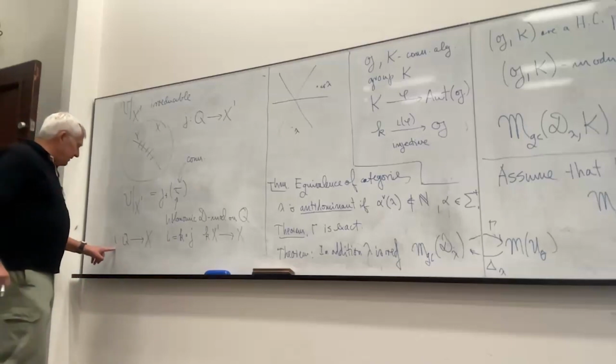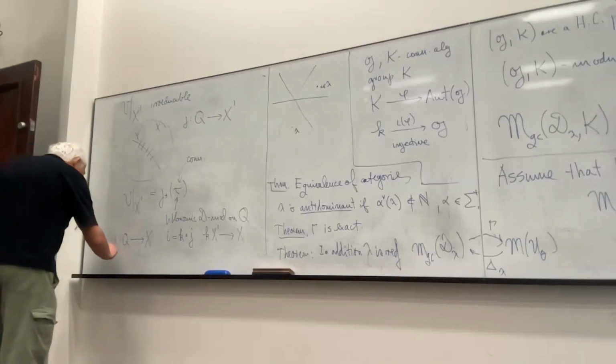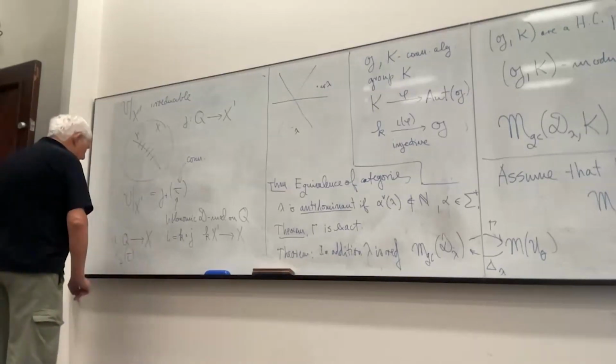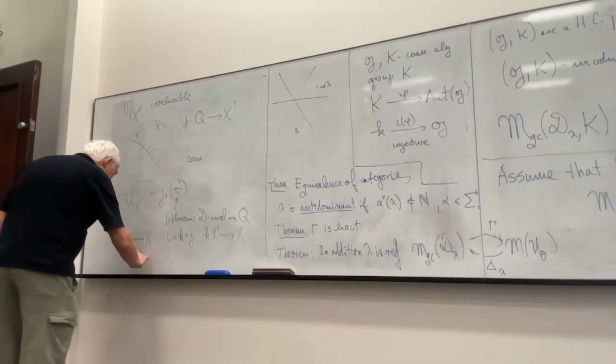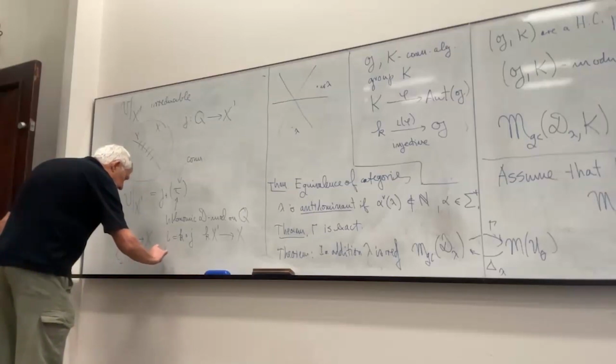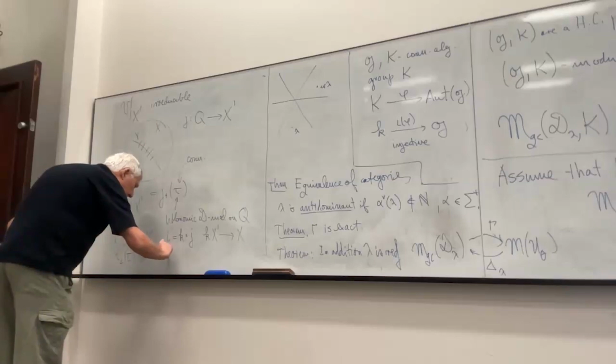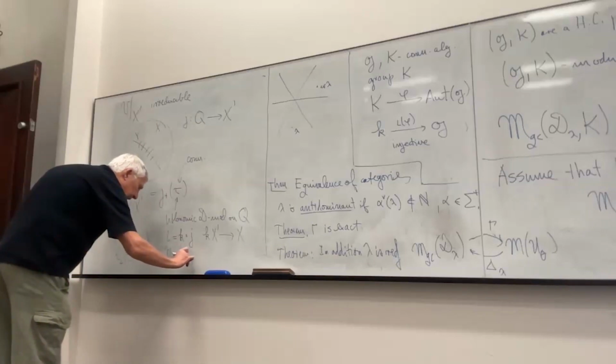So this tells us that I plus of tau is holonomic, K-equivariant. So it is basically in M_QC(D_lambda, K).